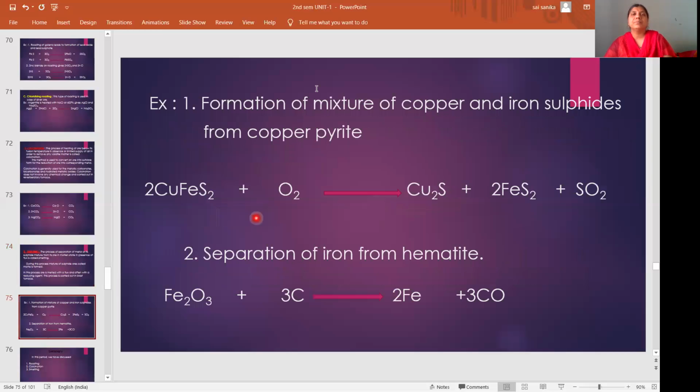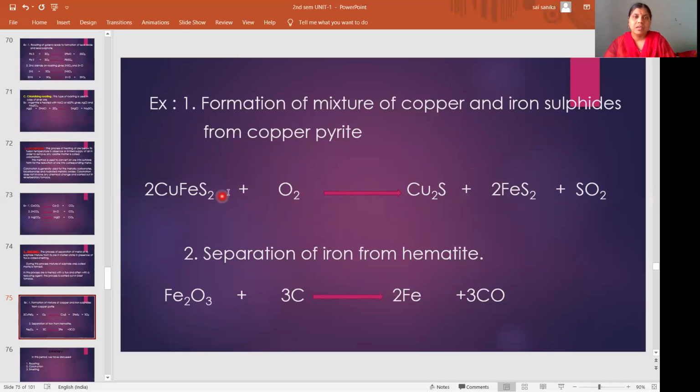Here we will see the formation of a mixture of copper and iron sulfides from copper pyrites. Copper pyrite has a copper, iron, sulfur combination. We are heating in the presence of oxygen, so a mixture of iron and copper sulfides forms.